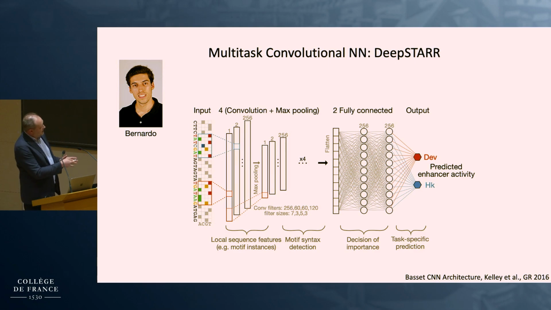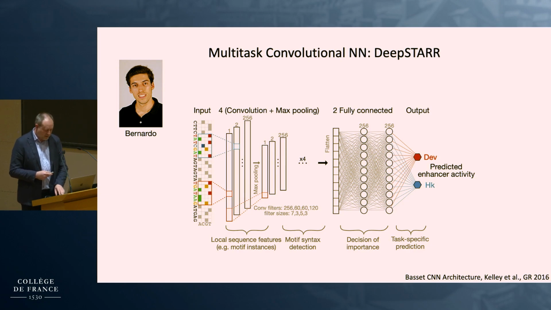For this, he fed the model with one-hot encoded raw DNA sequence, ran convolutional filters that essentially detect local sequence features such as transcription factor motifs, and then fed them into the neural network part of the model, where two fully connected layers learned the weights and the importance of the different sequence features towards enhancer activities.